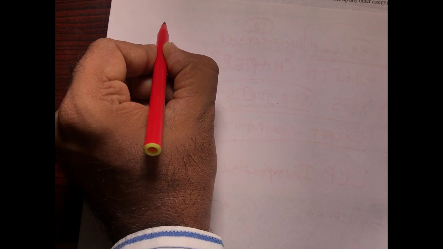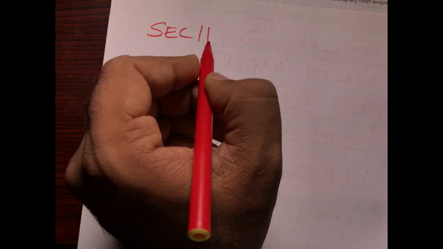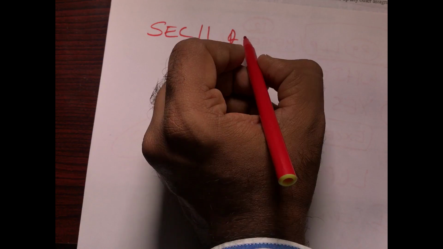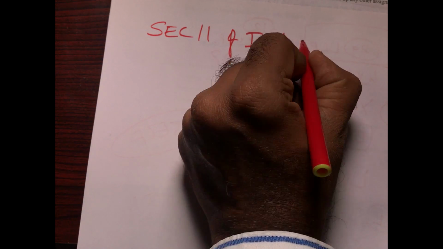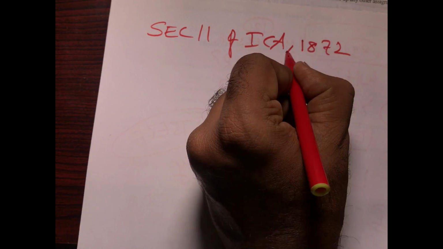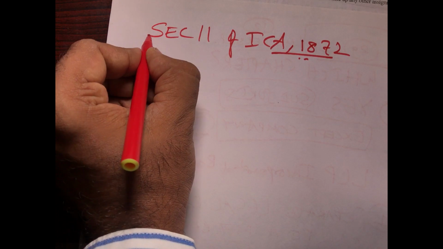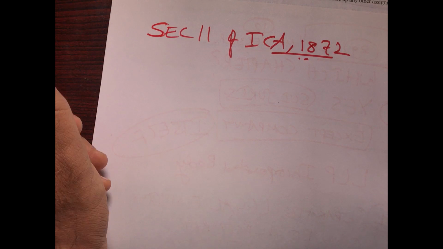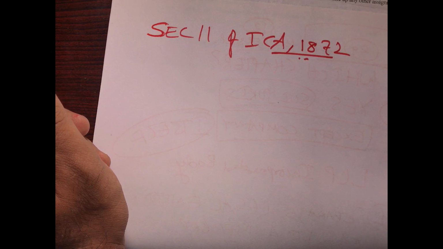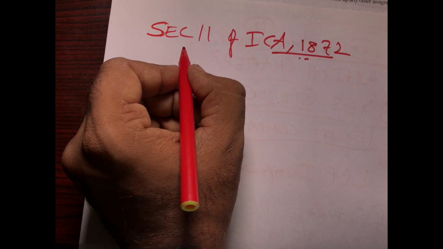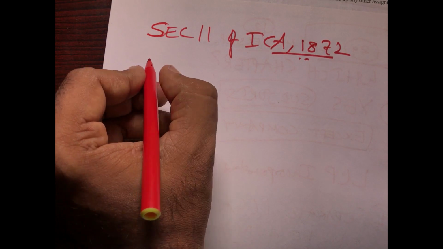Then going further, what else is there? This is 5 marks, so the answer should be really good. We can also mention section 11 of which Act? Not our Companies Act, the Indian Contract Act, 1872. You would have all studied this in different subjects, whether it's BCom, LLB or CS Foundation, CA, CPT, etc. So in this section 11, what are the things which were discussed?